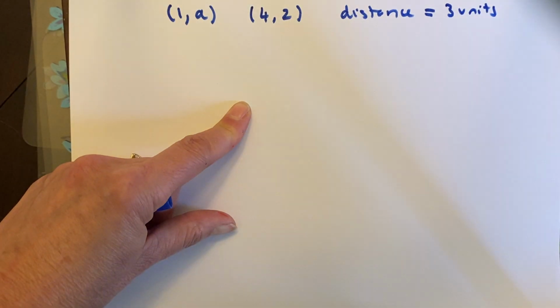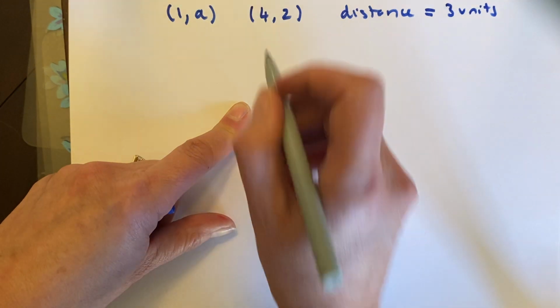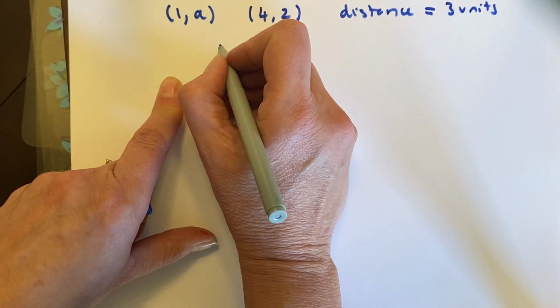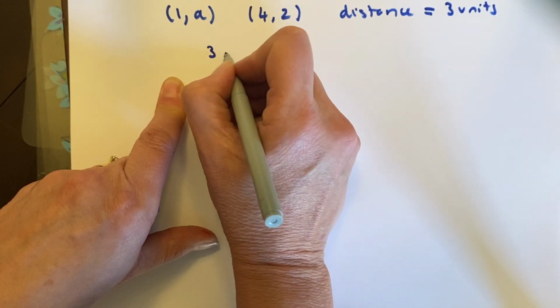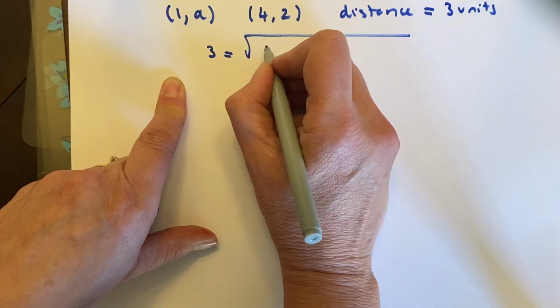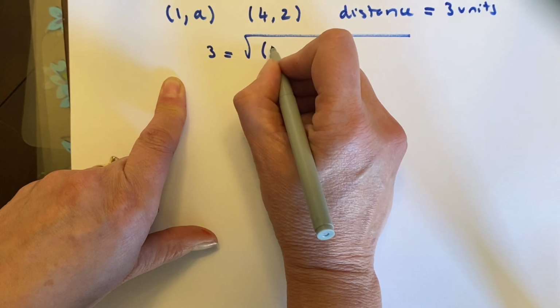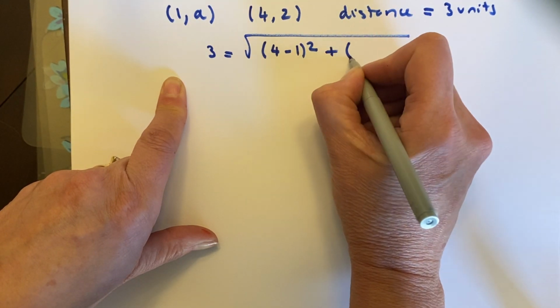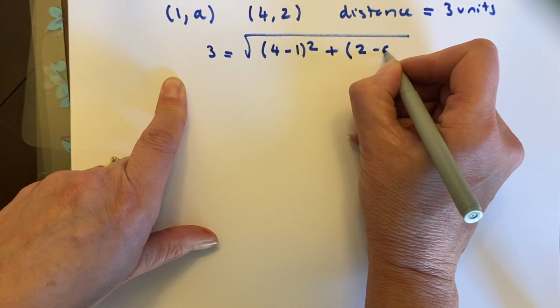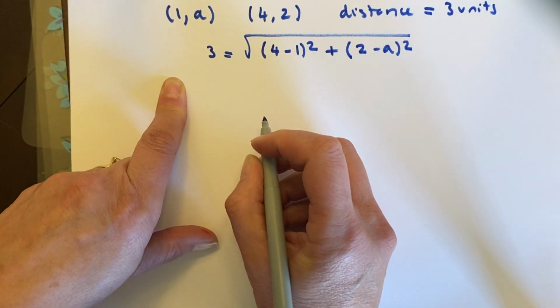Okay. So find the value of a. All right, well, we're going to do what we did in example 2. We're going to see 3 equals the square root of x2 minus x1, which is 4 minus 1 squared, plus y2 minus y1, which is 2 minus a squared.